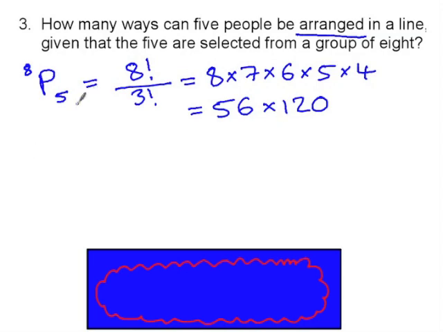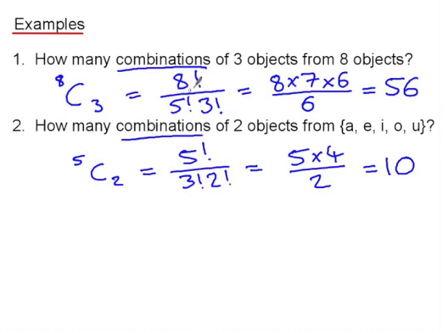There's another way I could approach this problem, which is to say that I will first choose the 5 people, and then I'll work out how many different ways I could arrange the 5 people. So if I do 8 choose 5, that's 8 factorial over 3 factorial times 5 factorial. Looks very similar to this, 8 factorial over 5 factorial times 3 factorial.